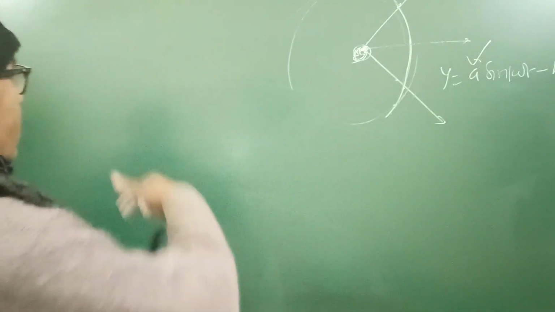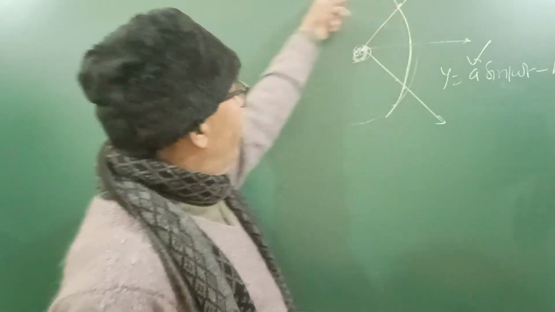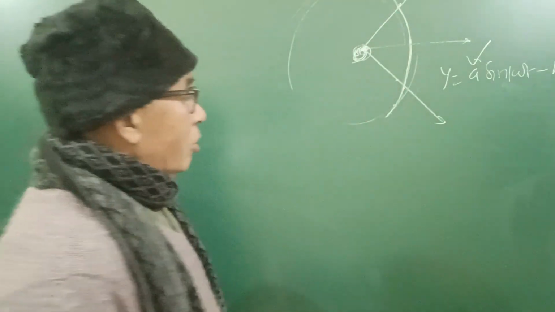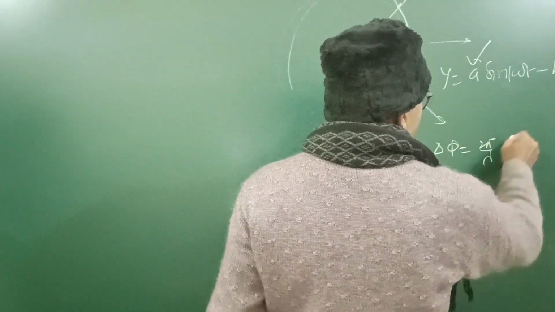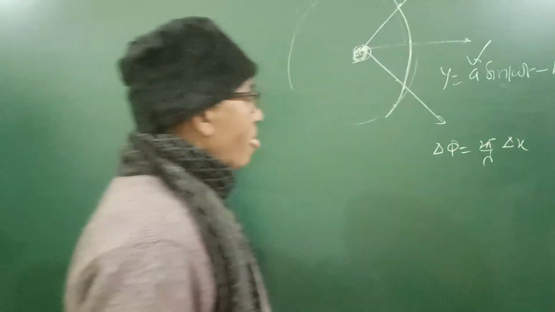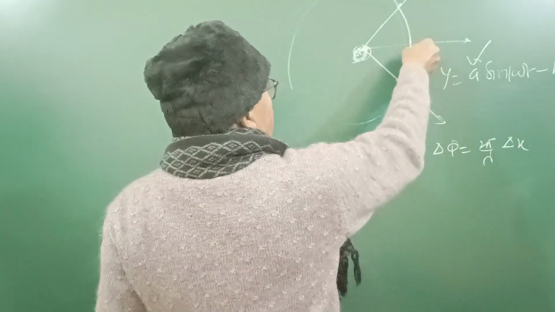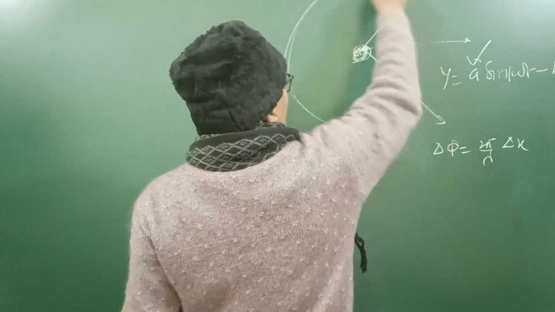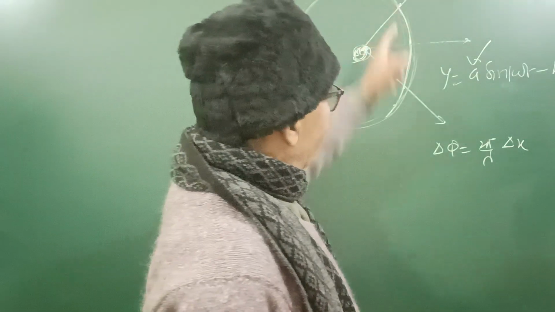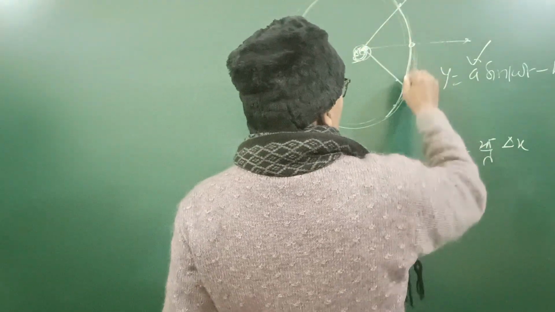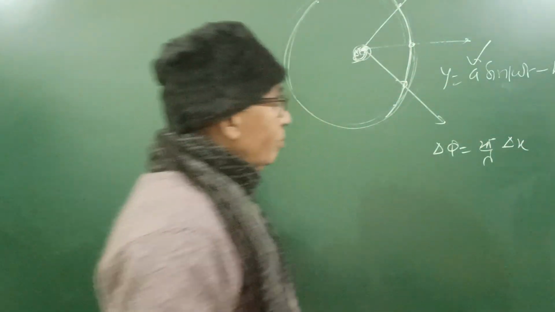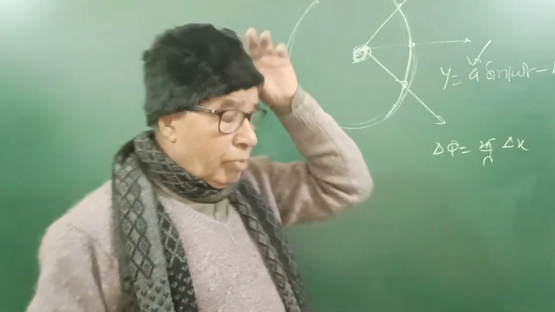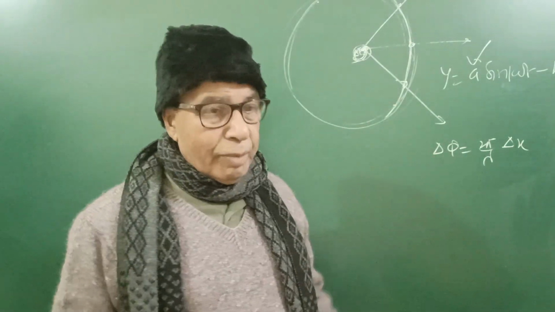I repeated here again the wave and the phase. So on a wavefront, look, we just developed the expression delta phi equals 2 pi upon lambda into delta x. This is a wavefront here. All particles here are in the same phase, whether this one or this one, this one or this one. There was a question in the board exam: a wave is produced in a medium of wavelength 1 meter.